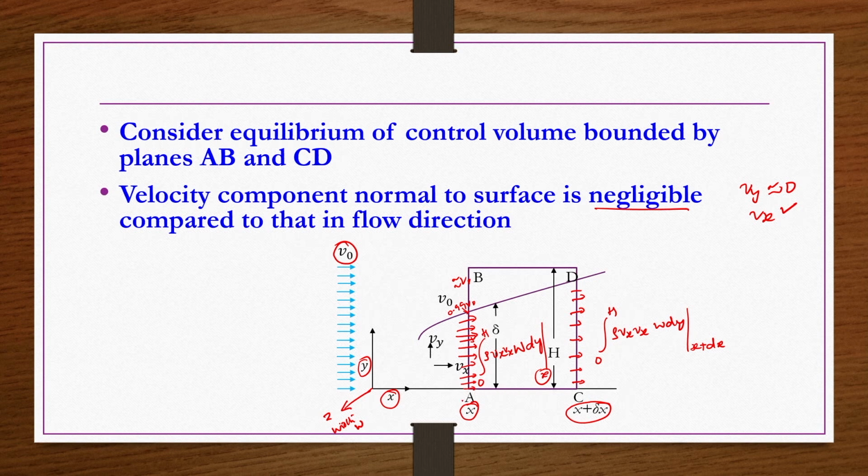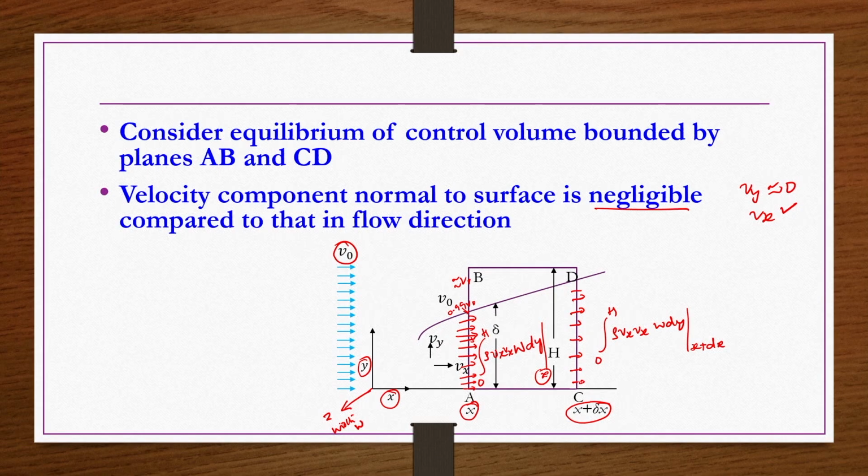At the AB face within the boundary layer, the flow would be higher because of the lower cross section, and the fluid is experiencing lower retardation compared to the CD location. At the CD face, the cross-sectional area of the boundary layer is more, so the flow rate would be small, and obviously the momentum would also be small.